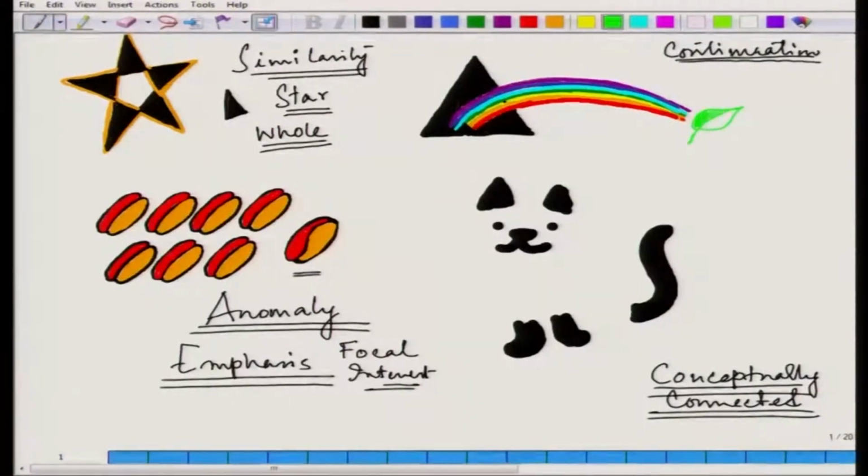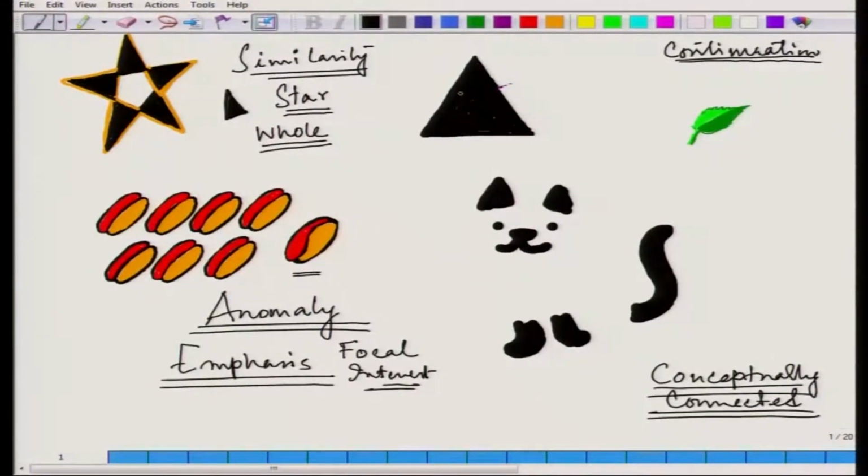Whether it is a flower or a leaf, whatever the image is, there is no connection between a geometrical pattern like this and an organic pattern like this. So, how to connect them? If they are conceptually connected, we need to have a third object. It might be a rainbow or maybe nothing. We can also have a curve in a different order.